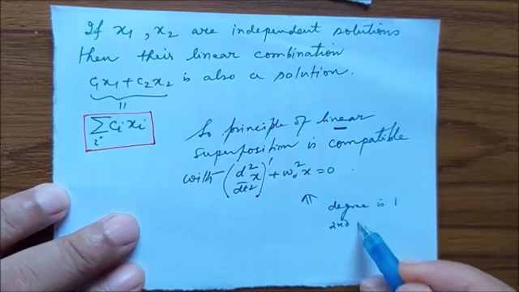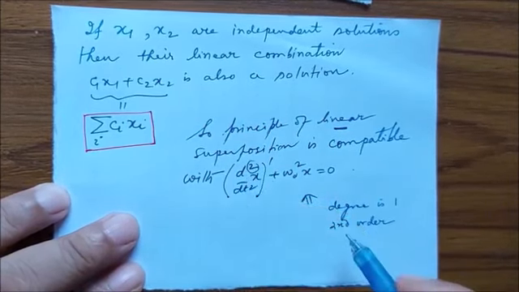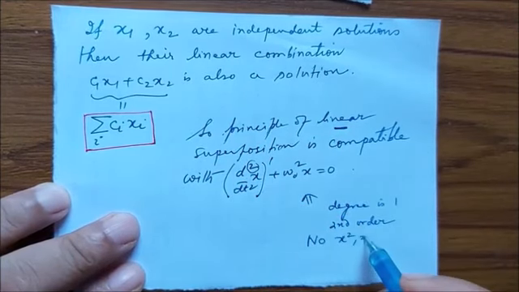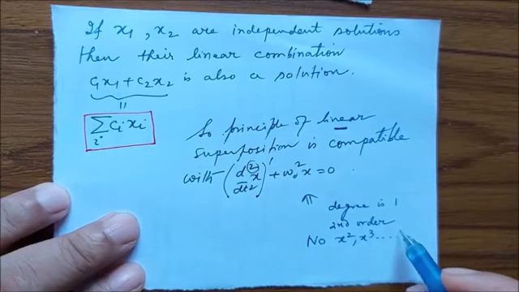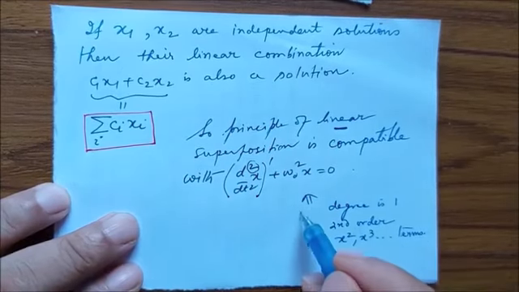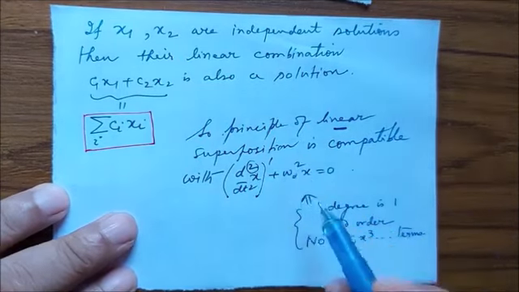It is second order because the highest order is 2, and there are no x square, x cubed, etc. terms, and therefore the principle of linear superposition holds.